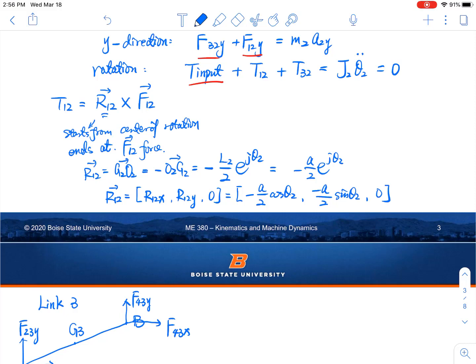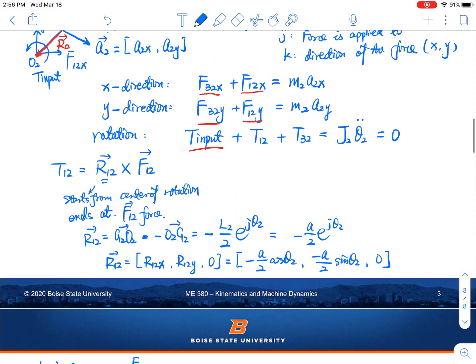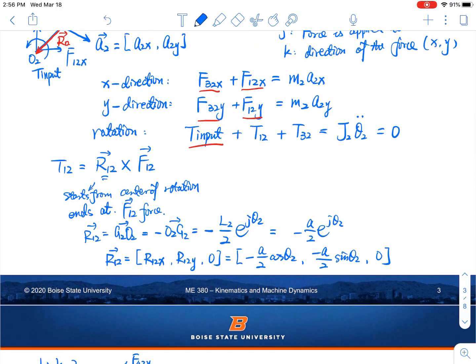So F12, we already know that. Your F12, let me write it here, has x component, y component, and z component, right?